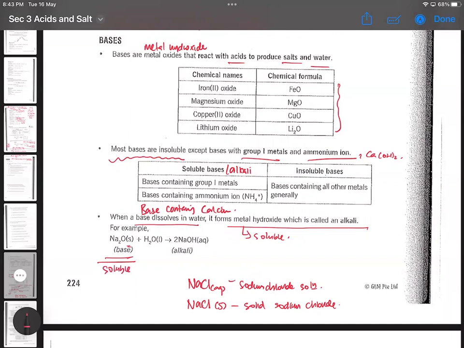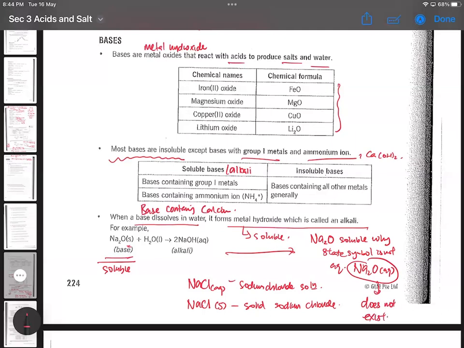But we do not write AQ for this. Okay, so let me put this down as sodium oxide is actually soluble. But why is the state symbol not AQ? That means why don't we just write Na2O AQ? This thing does not exist.